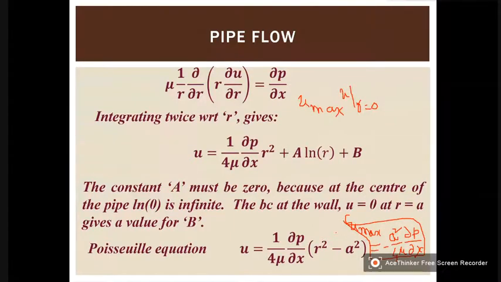U maximum is equal to minus a square by 4 mu dou p by dou x. You have substituted r is equal to 0.